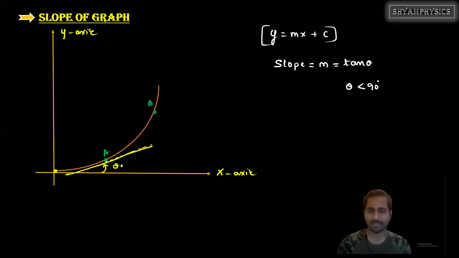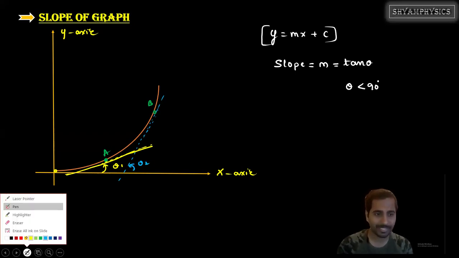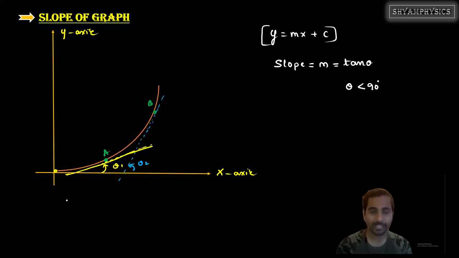I can call this theta 1. Next, for the line passing through B, I can draw a straight line like this. This is making an angle theta 2 at point B. Now tell me which angle is greater. Obviously, theta 2 is greater.